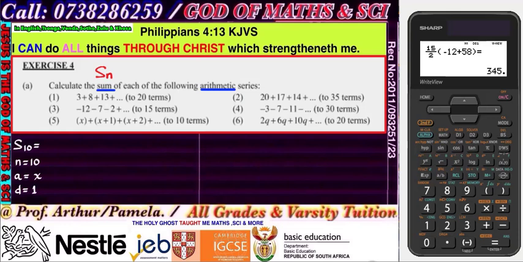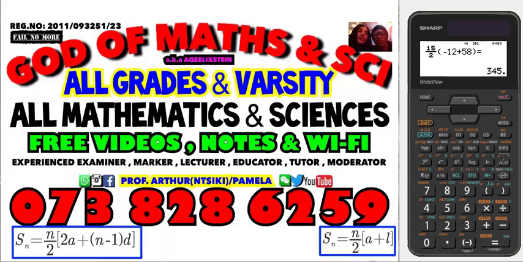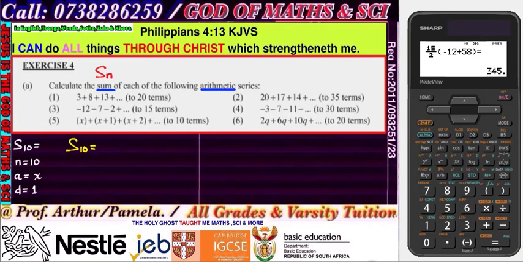There we go. Now we can use the formula. All right, the formula, so it's going to be S subscript 10 equals, looking at the formula, N over 2 and so on. Maybe I should place it here in your face, that formula, so that you can see it. It's good sometimes for you to keep on seeing the formula.